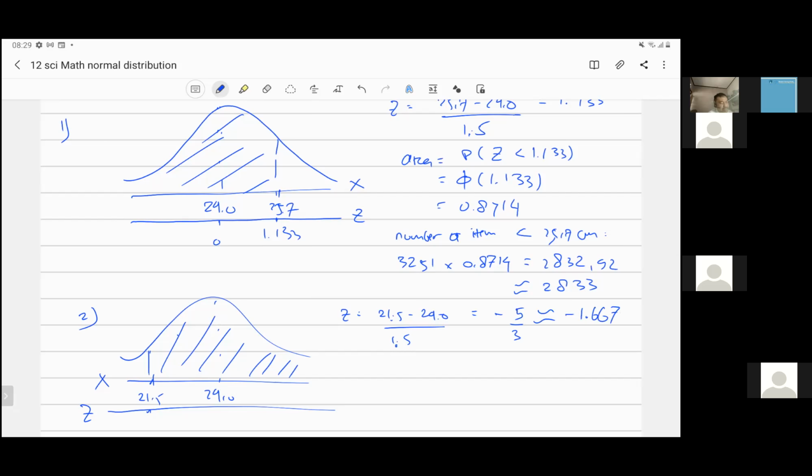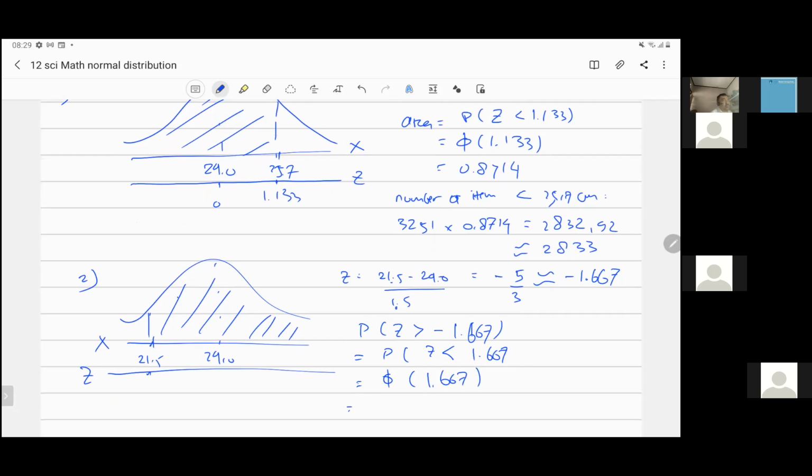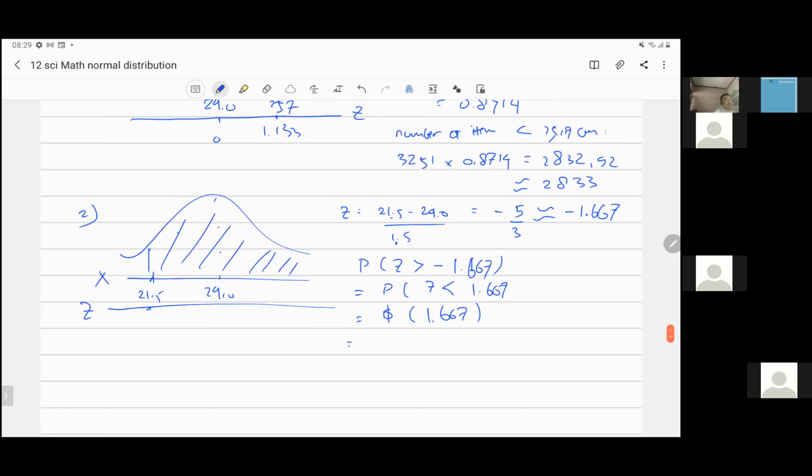Okay. Now, for the area here, we know this is case number 3 then. So the proportion of z more than negative 1.667 is the same as the proportion of z less than 1.667, which is phi of 1.667, and we need to go back into the table.